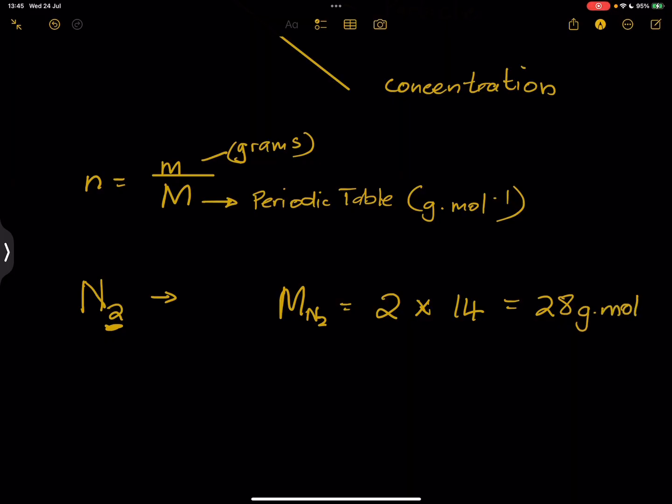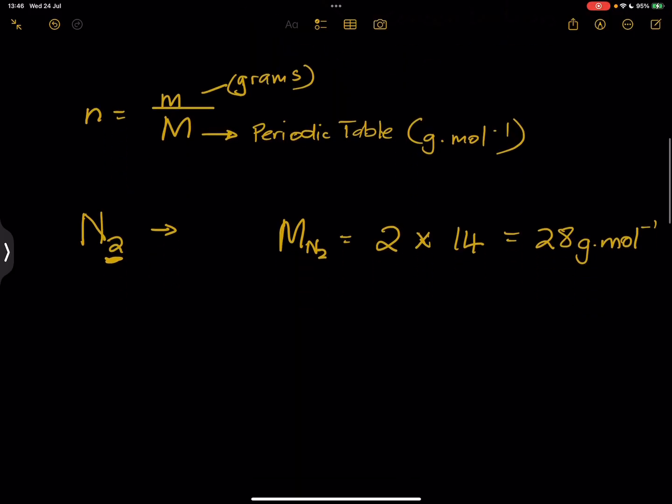So for argument's sake, if I had given you, let's say, 15 grams of nitrogen, how I would get the number of moles is that I would say, well, the number of moles would be mass divided by the molar mass. And so the mass would be 15 grams, what I'm given, divided by 28 grams per mole for nitrogen, because we know that it is a diatomic gas.